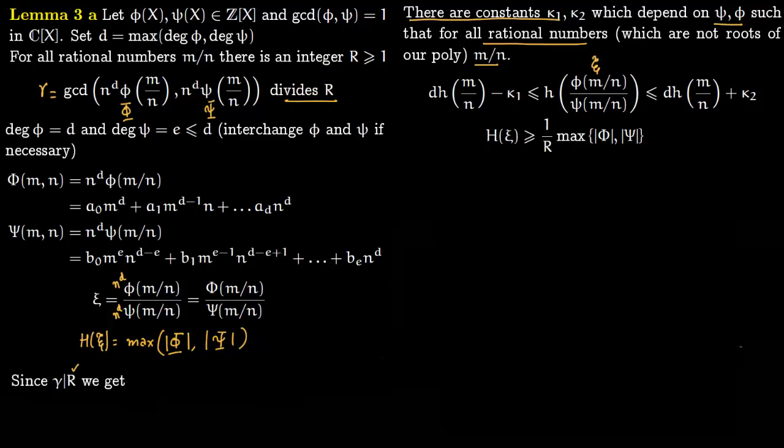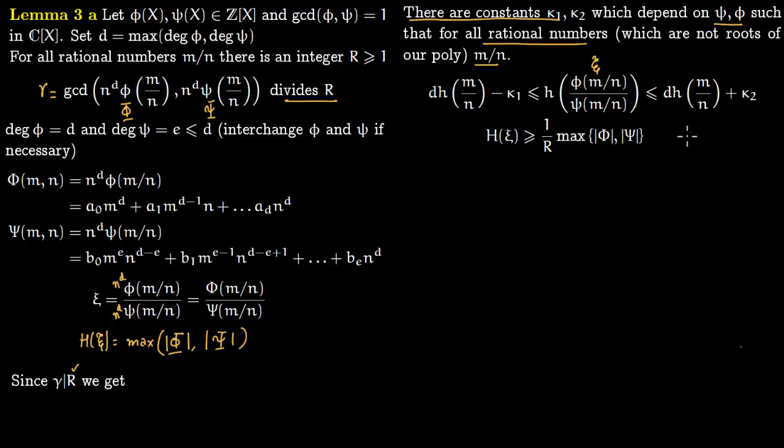So we can take 1 by r here, so that will decrease the height, because if you cancel some factors out from the fraction, then the integer in the numerator and the integer in the denominator decrease, so these integers become less. So this height of psi is greater or equal to 1 by r times the max of this.